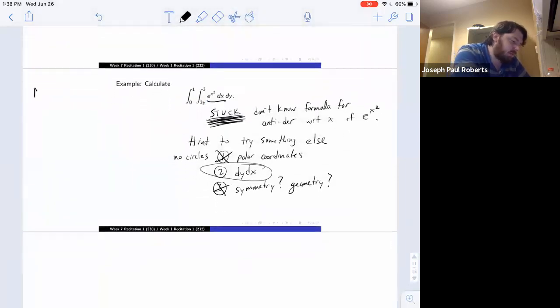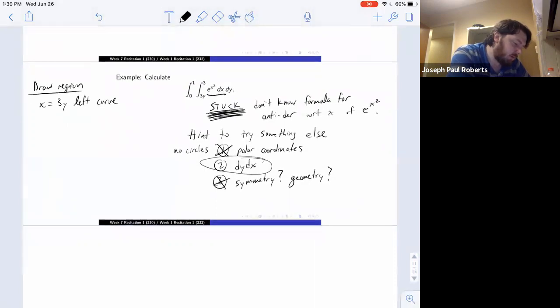So anyway, let's draw the region. Now we're kind of going in reverse from the skills that we were talking about a few minutes ago. What are those bounds telling me? They're telling me that x equals 3y is the left curve, x equals 3 is the right curve, and that y is between 0 and 1. So let's draw that picture. What does x equals 3y look like? It's a straight line through the origin.